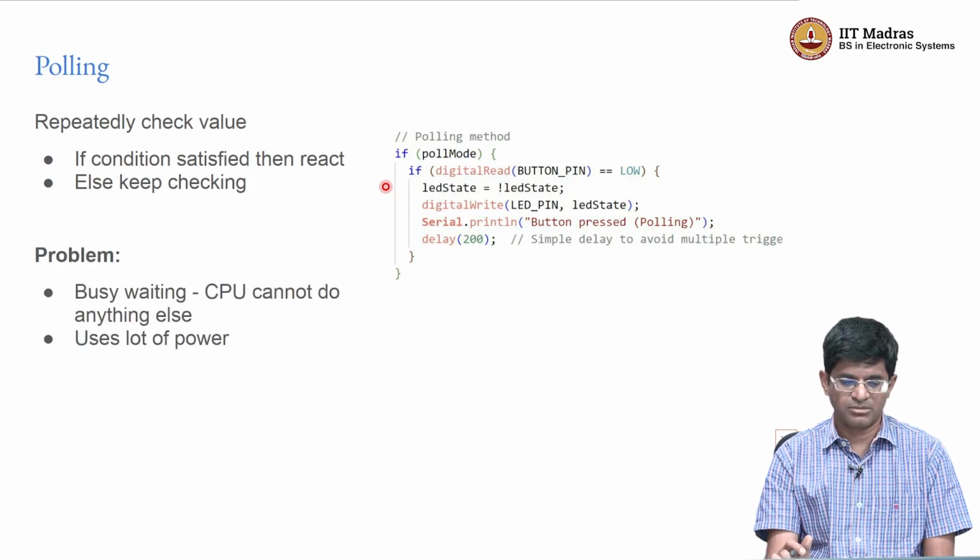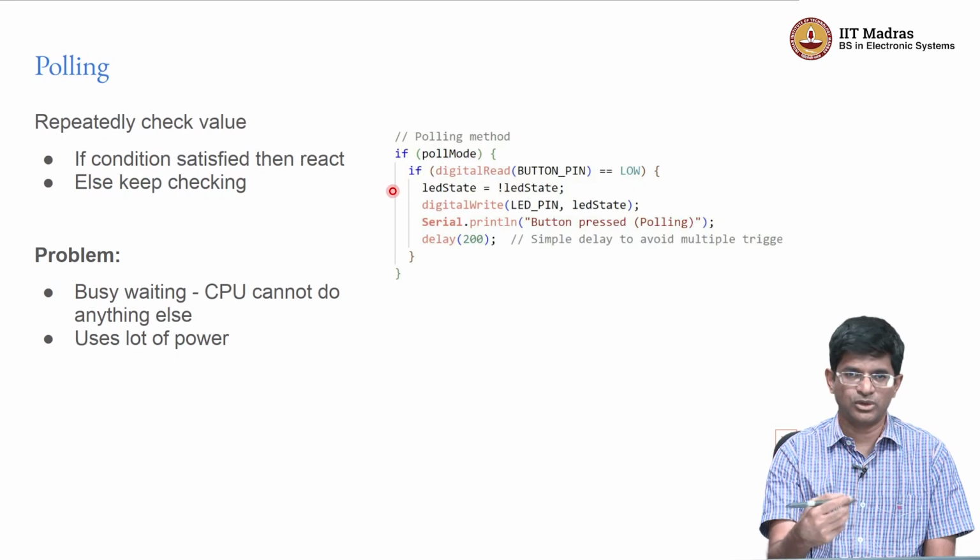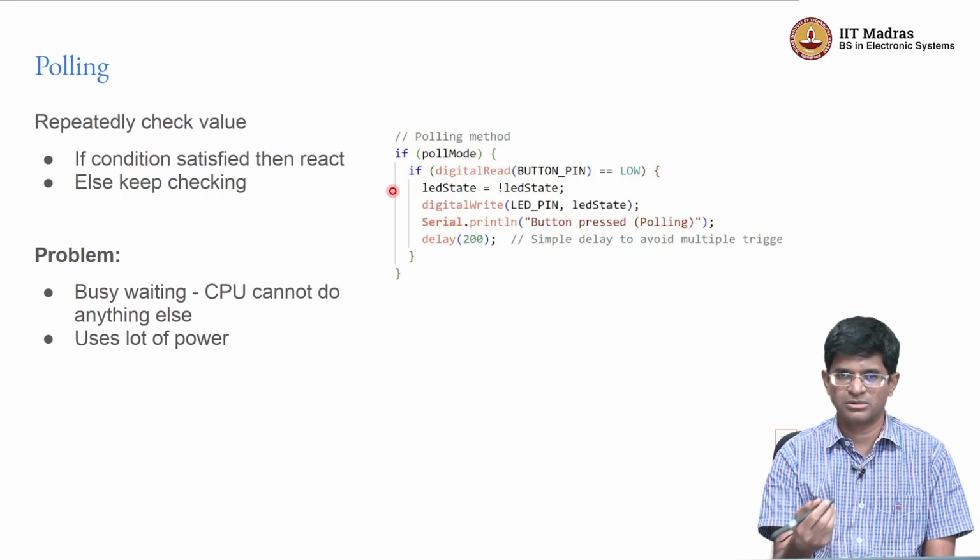What's the problem? Of course, it's that the CPU cannot be doing anything else. And as you might imagine, if I just keep on repeating an instruction endlessly, the CPU still has to go through the process of incrementing the program counter, loading the next instruction, maybe hopefully from cache memory or anyway from somewhere in memory, decoding it, figuring out what it is, checking the condition, and then jumping back and loading the previous instruction and repeating the same thing in a loop.